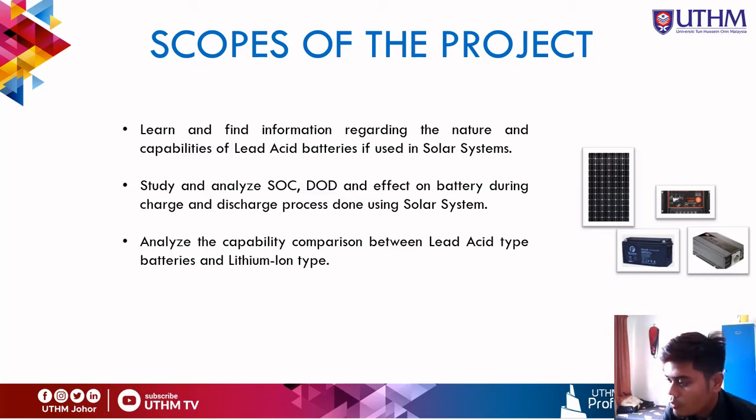The second scope of my research is to study and analyze SOC, DOD, and effect on the battery during the charge and discharge process done using solar system. The last scope of my research is to analyze the capability comparison between lead acid type batteries and lithium ion type batteries.